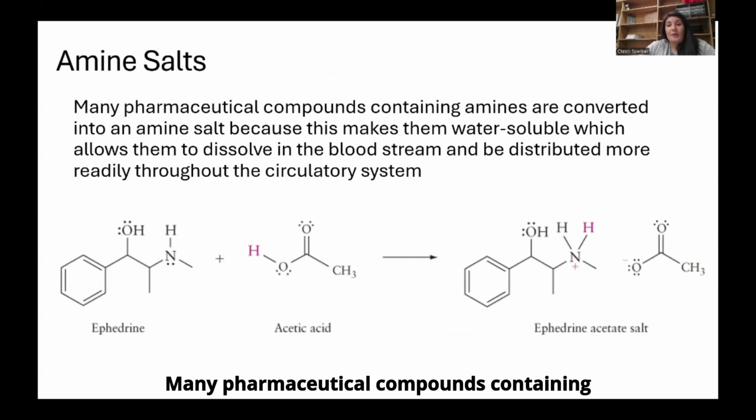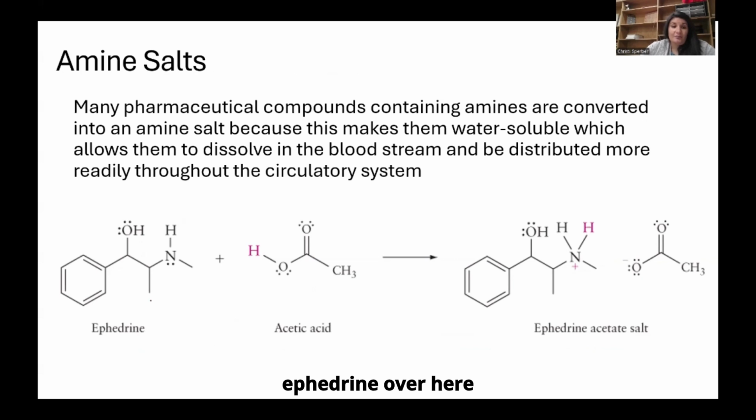Many pharmaceutical compounds containing amines are converted into amine salts because this makes them more water soluble, which allows them to dissolve in your bloodstream and be distributed throughout your circulatory system better. So you have ephedrine over here and acetic acid. So this is your acid.